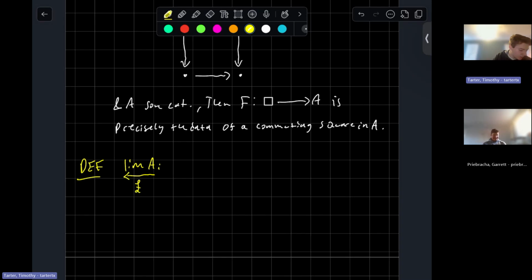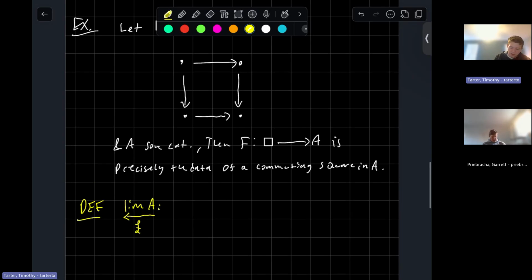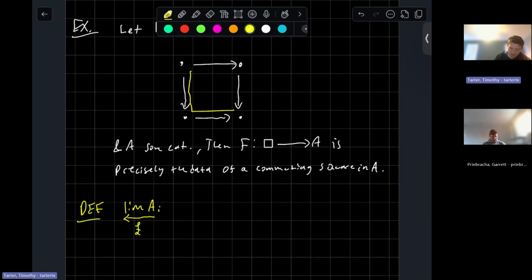The inverse limit over F is an object of C with morphisms that basically follow down from the chart. So it goes to the last thing, basically. So this is the limit of this diagram.